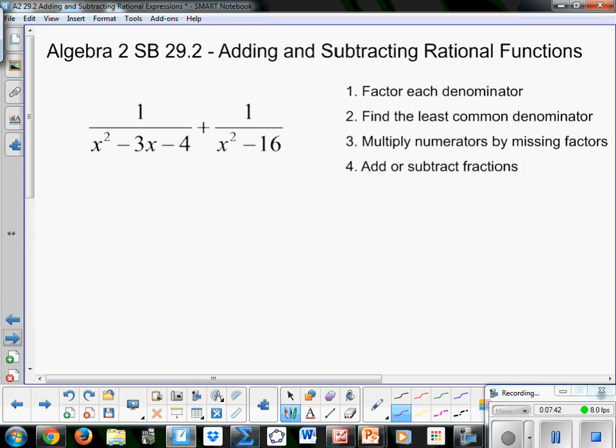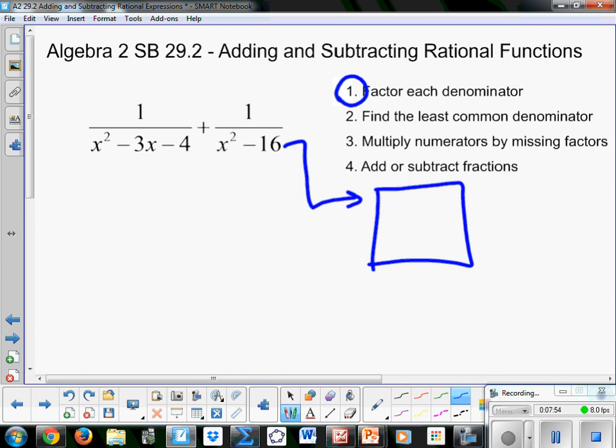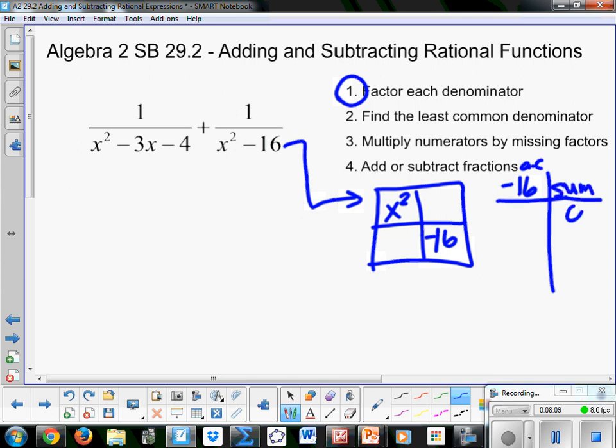All right, so we're going to follow our first step here. We're going to factor each denominator. Okay, so this one's closest, so we'll put this one in the box. We've got x squared minus 16. So x squared goes there, negative 16. Well, we're finding factors of negative 16, which is a times c, and add up to 0.